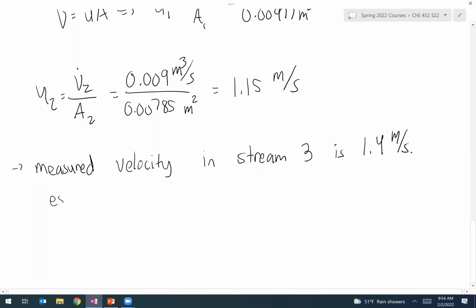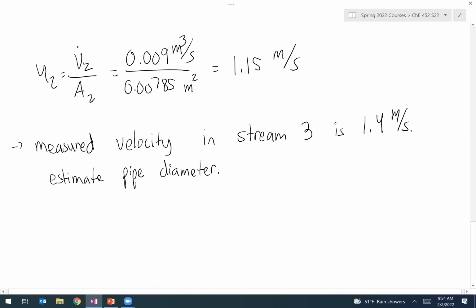Now with this, I can most likely estimate the pipe diameter. Why? Because flow rate is equal to U times area. If I have the U, I can find the area, which is 0.015 cubic meters per second over 1.4 meters per second.